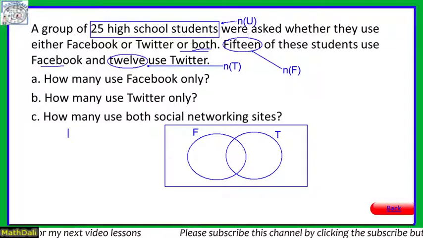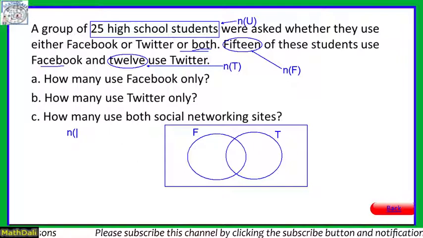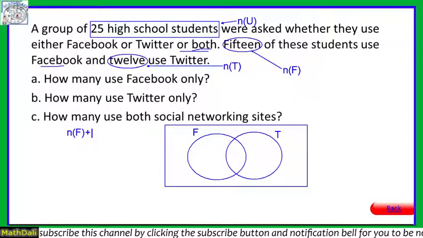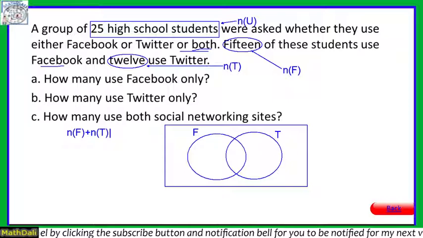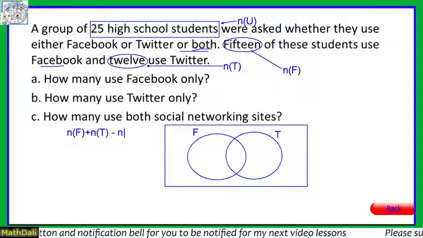And, so, yung ating cardinal number ni set F plus yung ating set T, cardinal number ni set T, less yung cardinal number ng ating universal set.